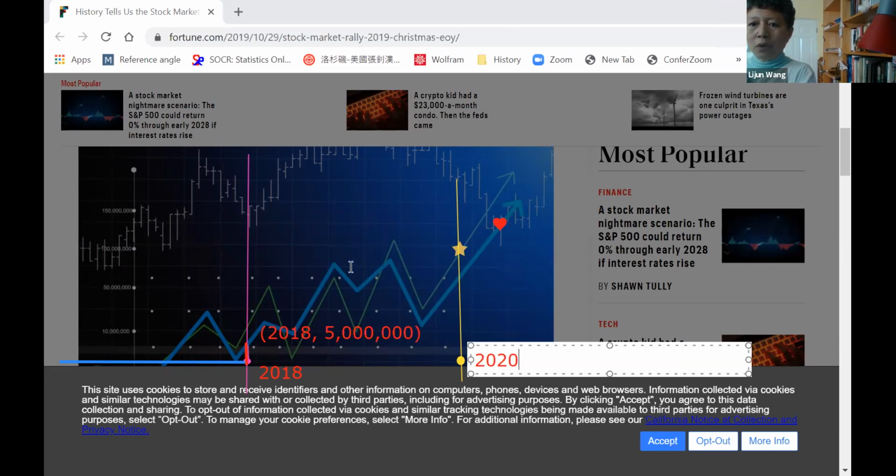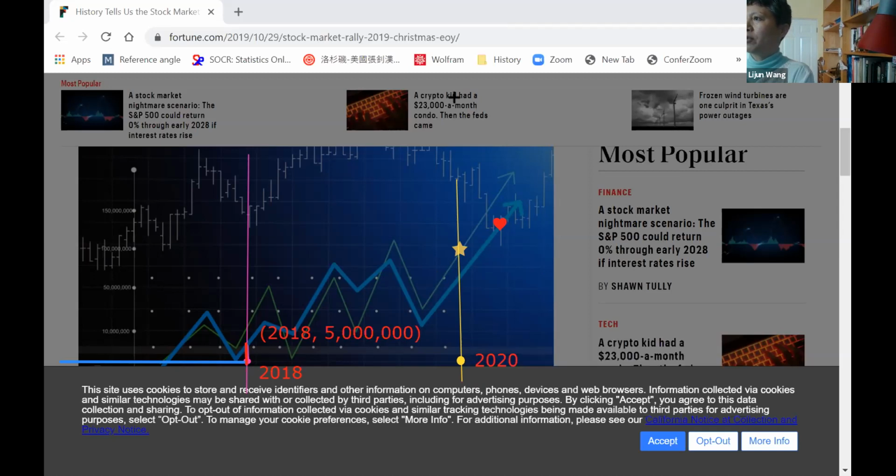And what is the output? The output is this height, from this dot, this line.